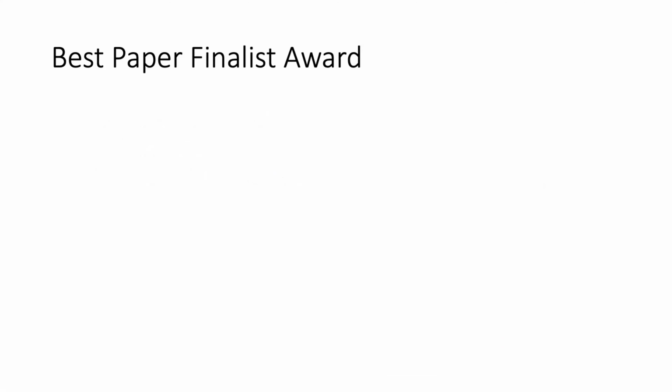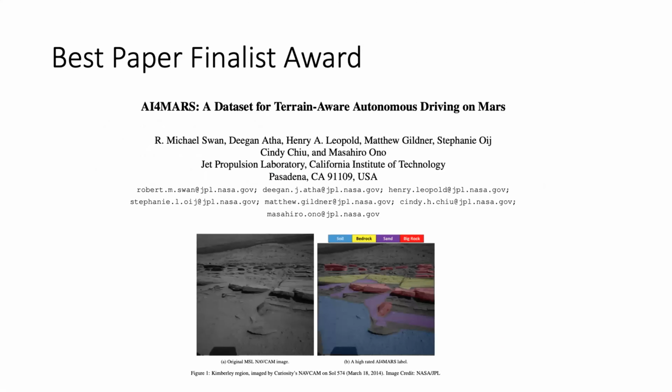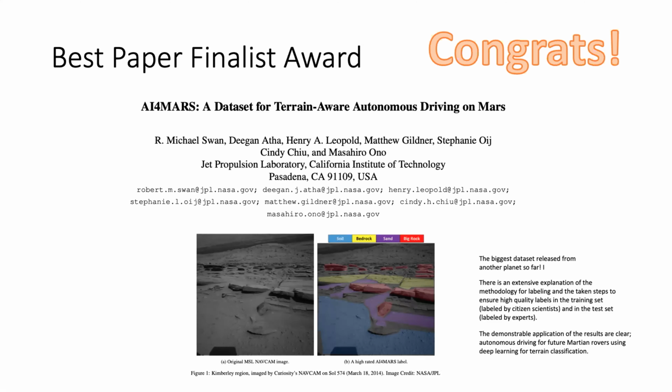And the Best Paper Finalist Award goes to AI for Mars, the data set for terrain-aware autonomous driving on Mars. So this might sound a surprise, but it's not a paper from this block, it's in Block B. So if you're interested to find out about this paper, attend Block B tomorrow. Some of the reasons why the organizers, so basically the program chairs, thought that this was a great paper: the reviewers said this is the biggest data set released from another planet so far.